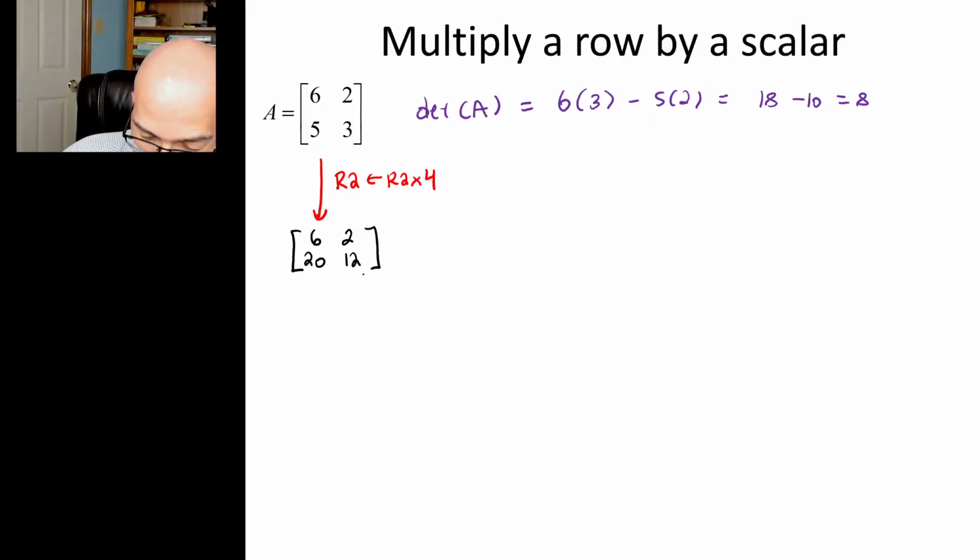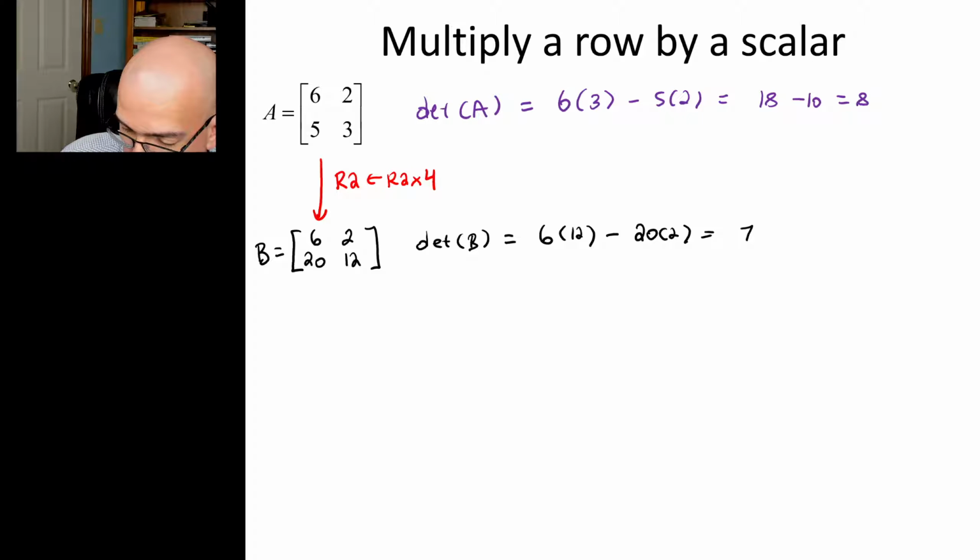Now what's the determinant of this? The determinant of B is equal to 6 times 12 minus 20 times 2.